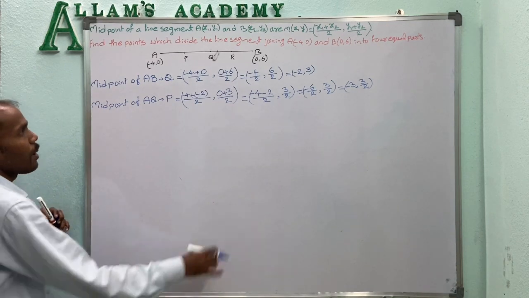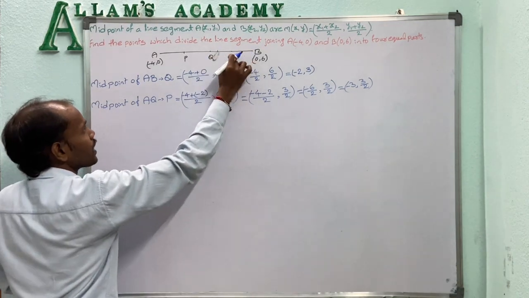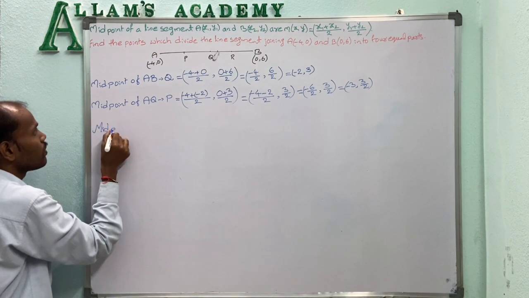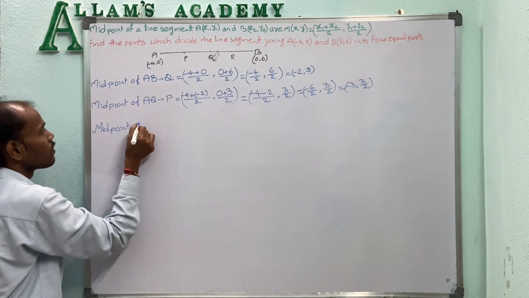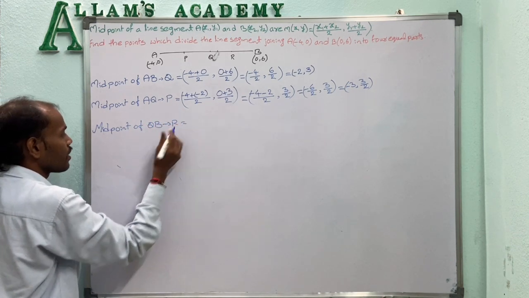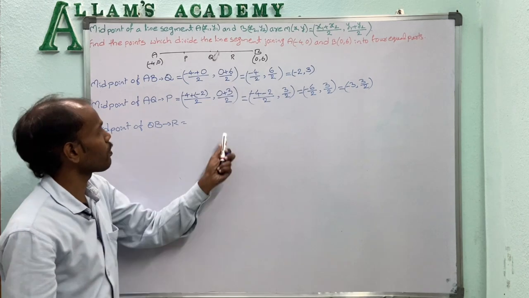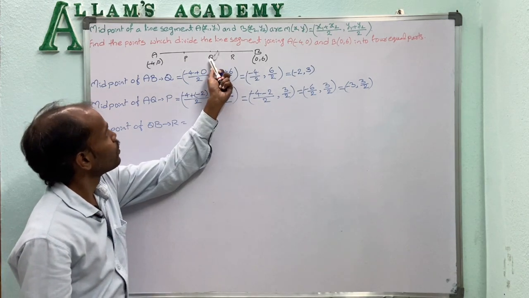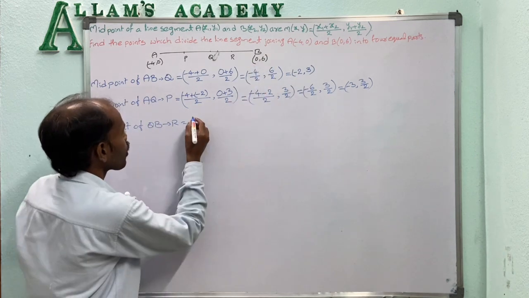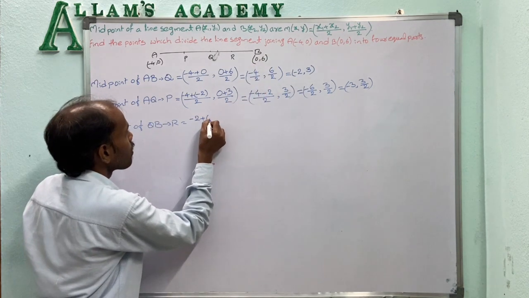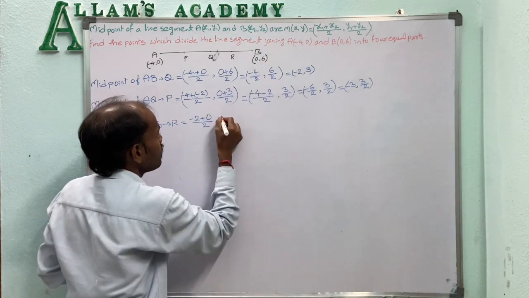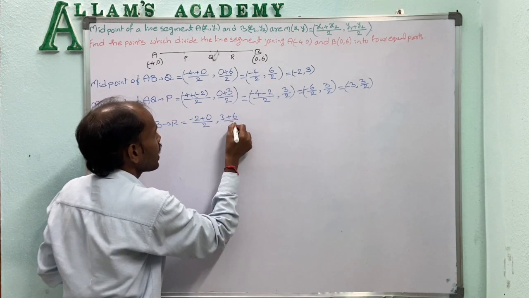Next, the midpoint of QB, that is nothing but R. So, midpoint of QB, that is R, is equal to (x1 plus x2) by 2. Q is minus 2 plus 0 by 2, and 3 plus 6 by 2.